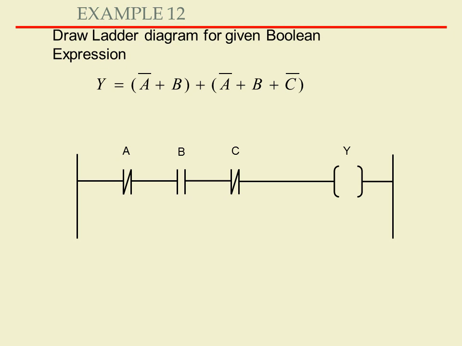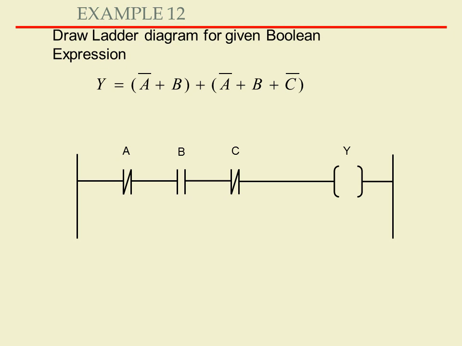Once again we have to simplify this. Ignoring the brackets, since there is a plus sign we can ignore the brackets, the whole expression will become Y is equal to A bar plus B plus A bar plus B plus C bar. Now let us take the similar terms together, that is A bar plus A bar will be equal to A bar, then B plus B will be equal to B, and the next term is C bar.